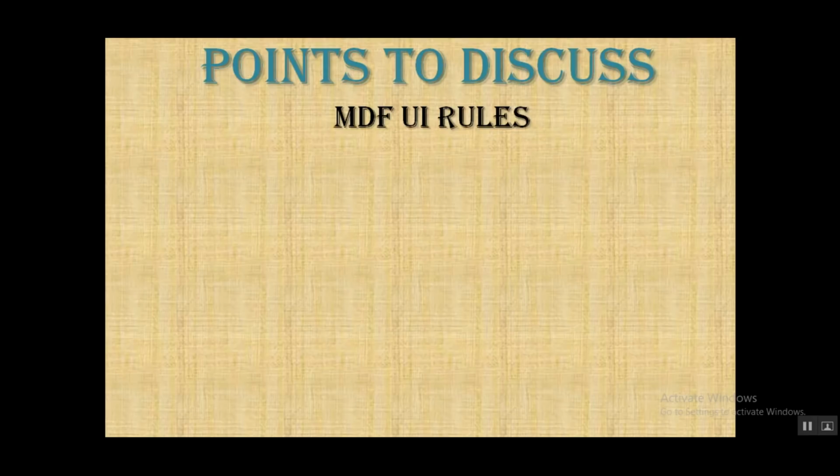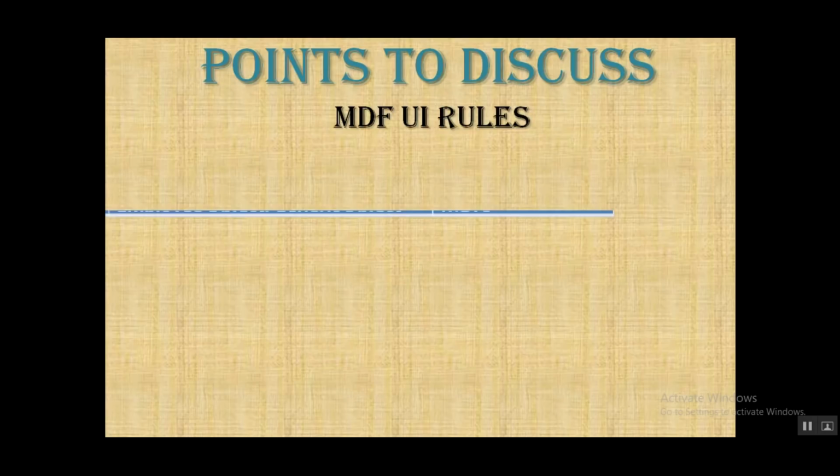First of all, let me clear one thing: why we need the UI rules, specifically for MDFs. If there is a requirement to dynamically set the visibility of any field, or set the value of any field, based on the value of another field, then to do that, most of the time we write business rules.